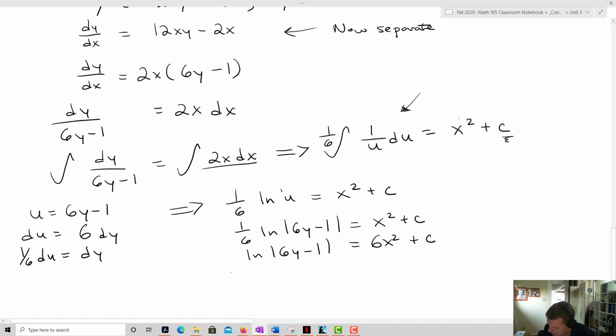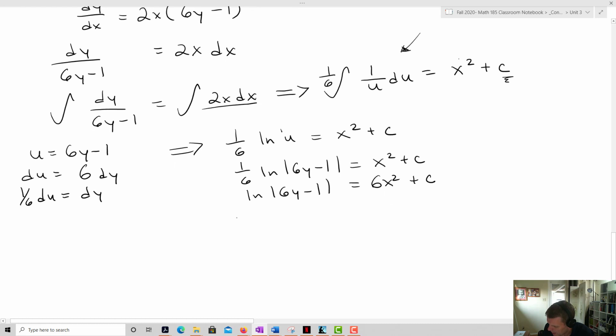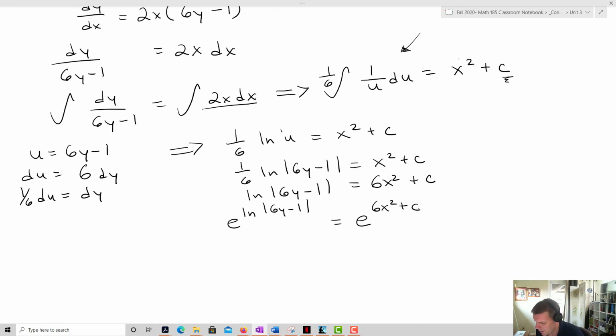Now what I'm going to do is take e to the ln of 6y minus 1 to get rid of that natural log, and that'll equal e to the 6x squared plus c. Now this next step is actually really crucial, because this is how you're going to see us showing where the constant shows up inside of problems like this. So now on the left-hand side, I get 6y minus 1, because e to the natural log of something is just itself.